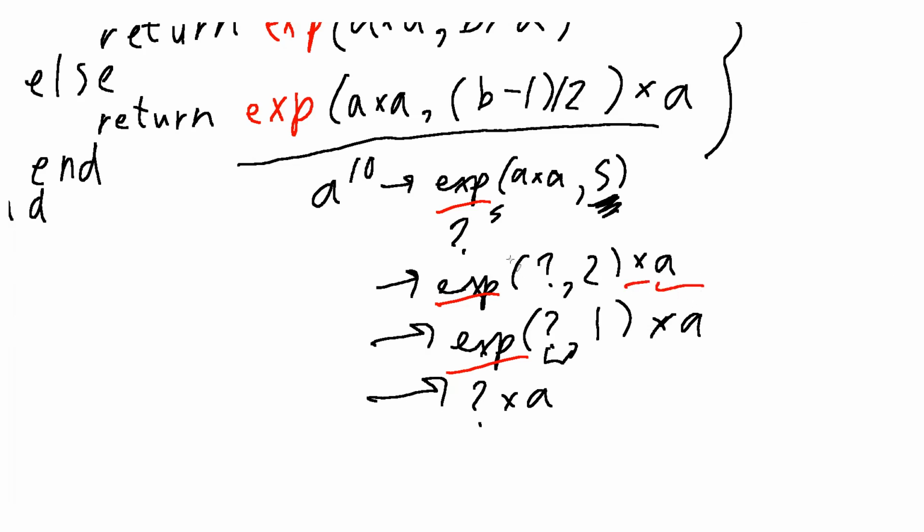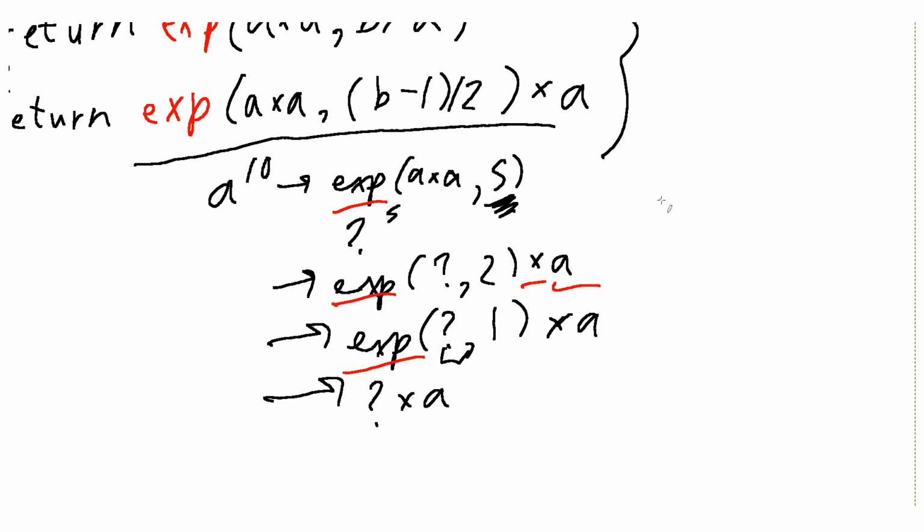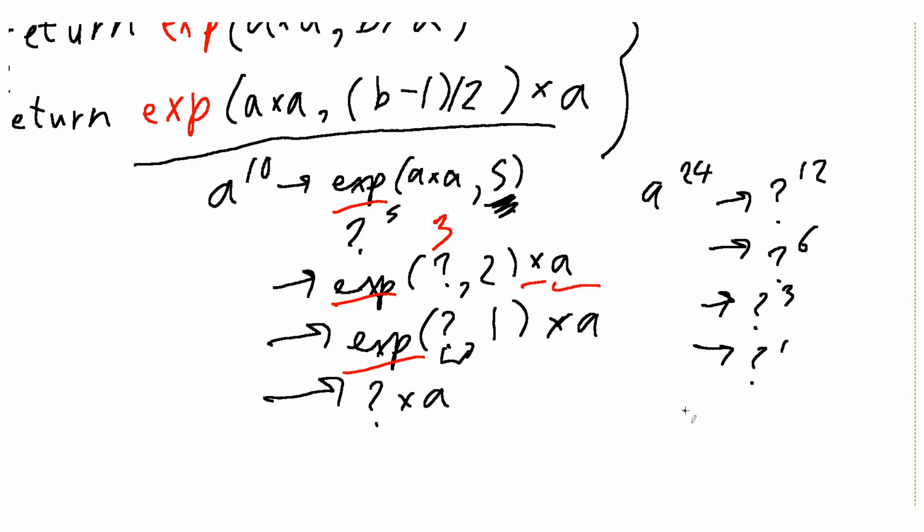So we have 3 calls of this function, so this is 3 times, and if we have something like a to the power of 24, we will go to something to the power of 12, because the power halves, something to the power of 6, something to the power of 3, and then because this is now odd territory, it's 3 minus 1 divided by 2, which is 1, and then that just ends.